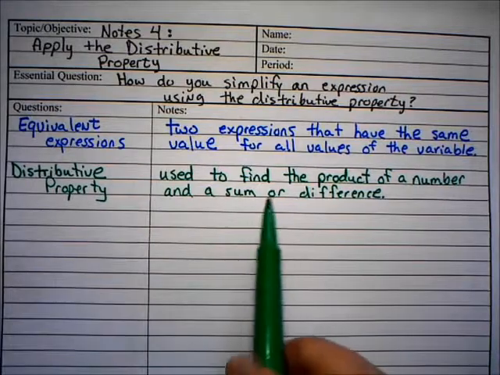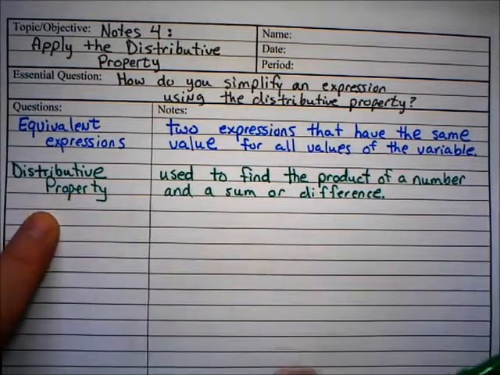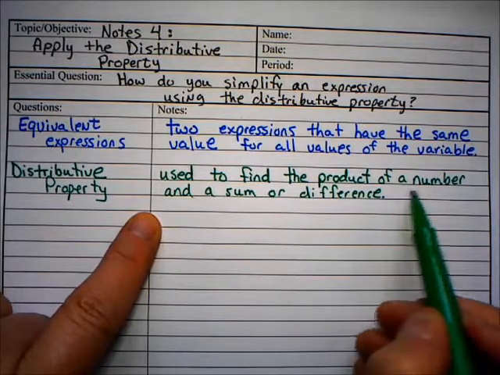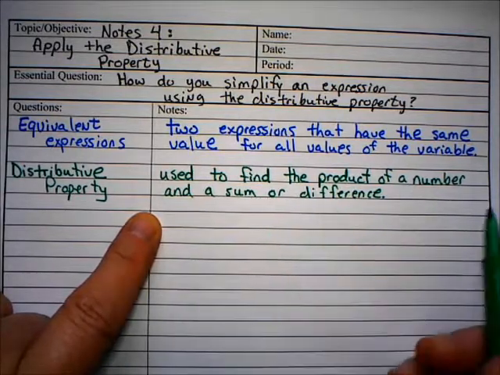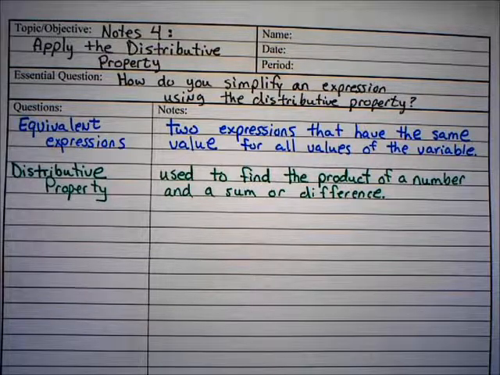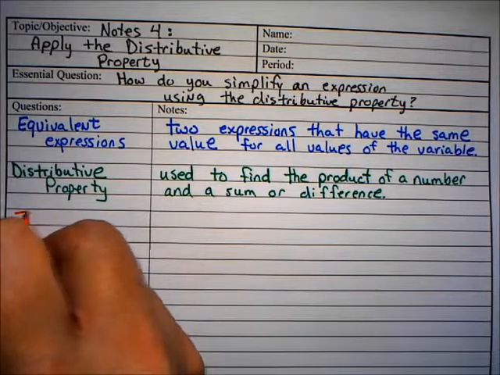Okay, so what I have here is the distributive property is used to find the product of a number and the sum or difference of other values. Okay, I'm going to change colors again. Okay, so I have the word terms.